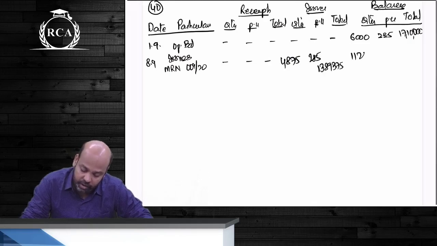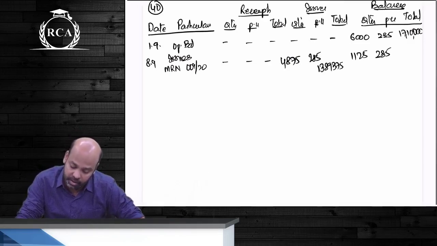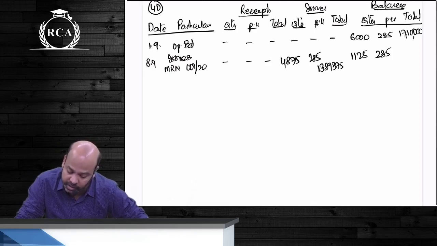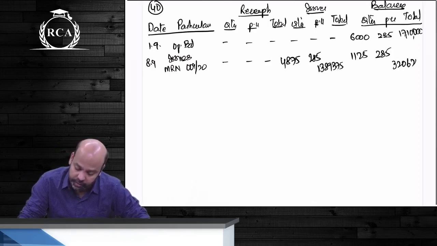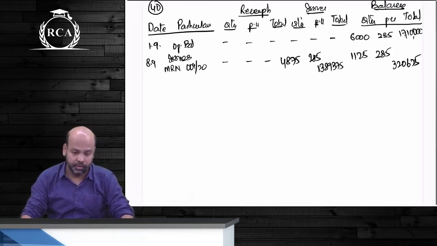You will have 1125 units left at a purchase at a price of 285. So यहाँ पे बच जाएगा 3,20,625. This will be the balance, guys, out after the first issue.